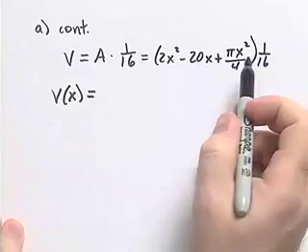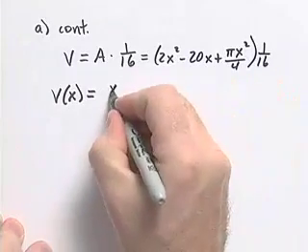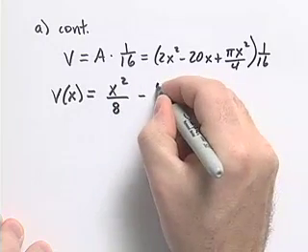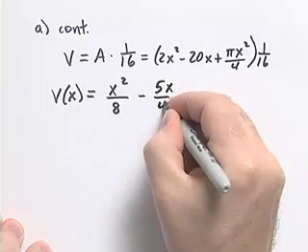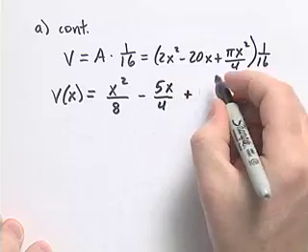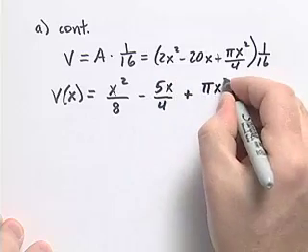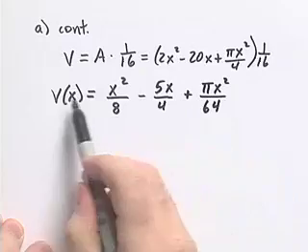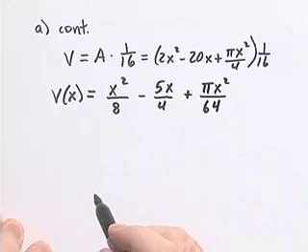We multiply these two together, and our volume will be x squared over 8 minus 5x over 4 plus pi x squared over 64. And so here we have the volume expressed as a function of x alone.